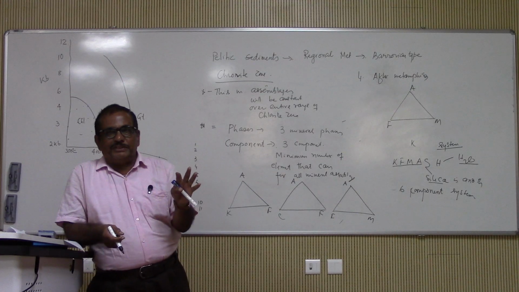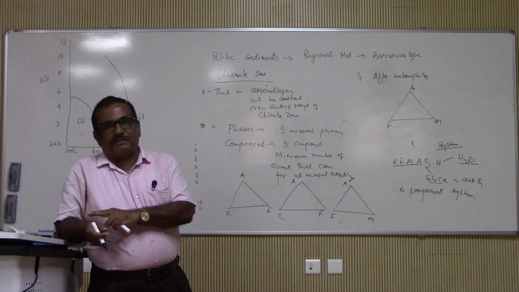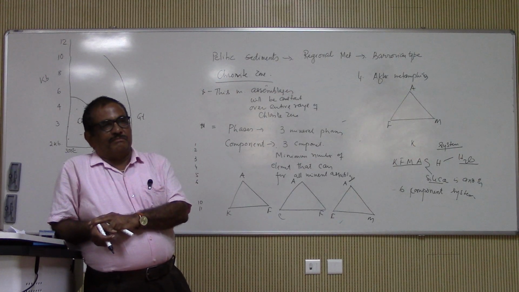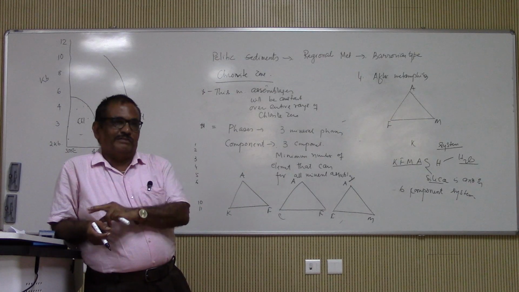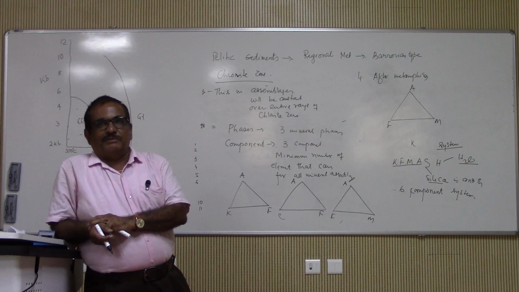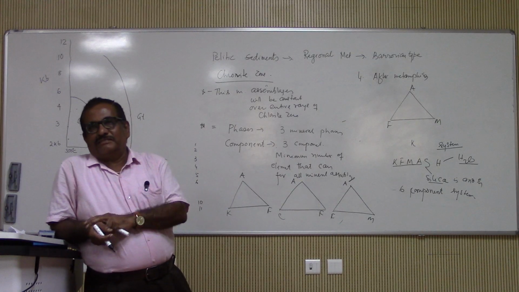Those 3 mineral phases will represent that zone. बहुत मिनरल है उसके अंदर, but minimum वही 3 phase लेंगे which will represent the zone. Similarly 3 components लेंगे which can develop those minerals.